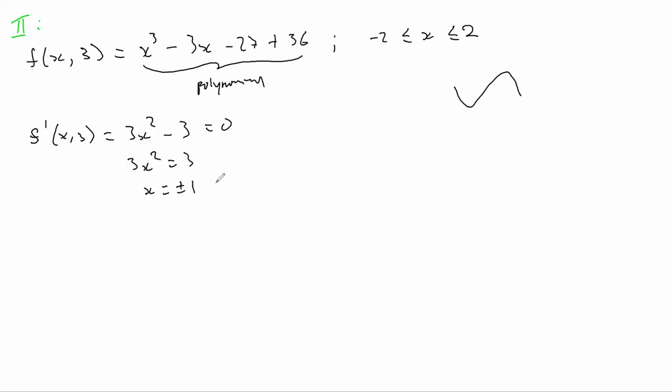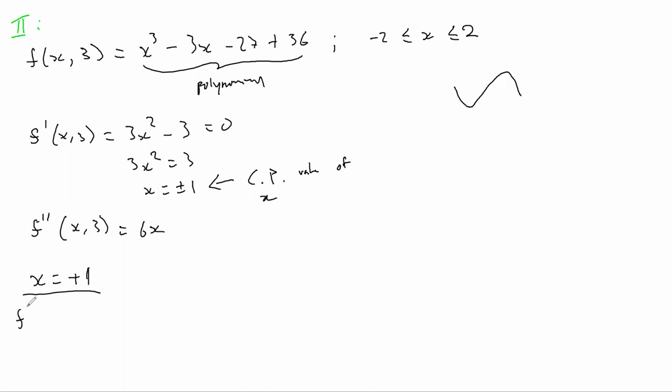What I want to do next is, these are the critical values for x. Now I can take the second derivative and see whether it concaves up or downwards. Taking the second derivative, I get 6x. And so for x equal to positive 1, f double prime of (1, 3) is equal to 6.